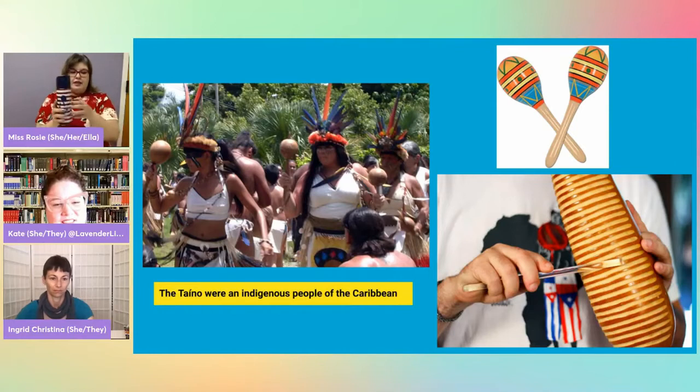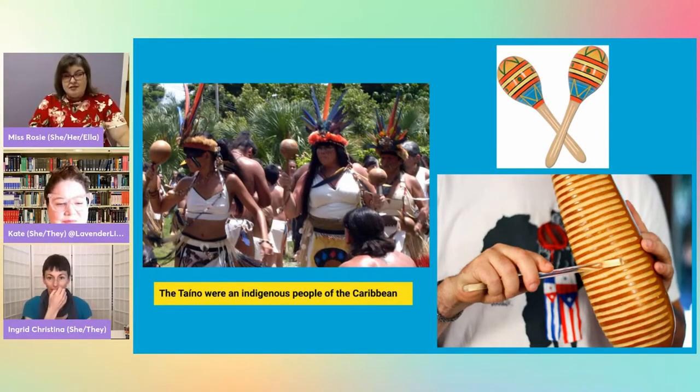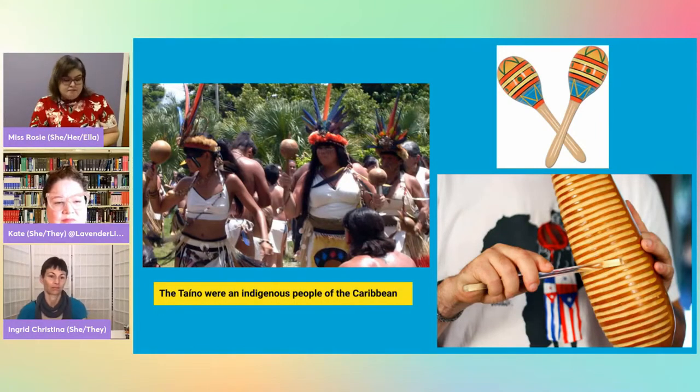The guiro has ridges, you have a stick, and when you rub it up and down, those ridges make sounds. Early maracas. So you could teach about maracas, but you could also research the background on it and the whys. Next slide.